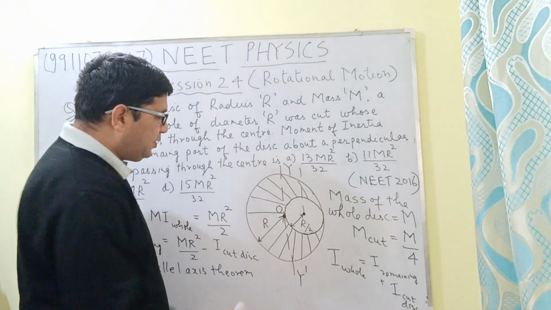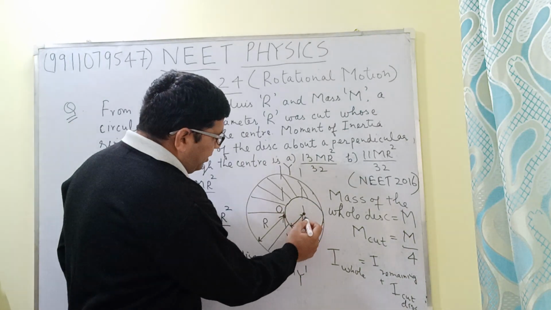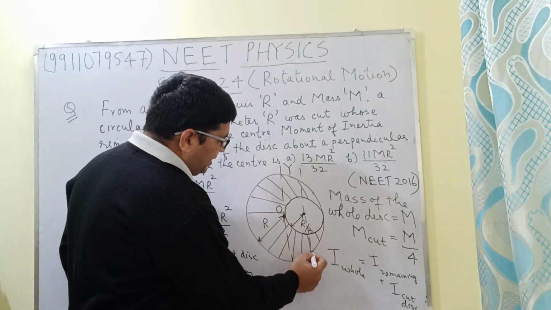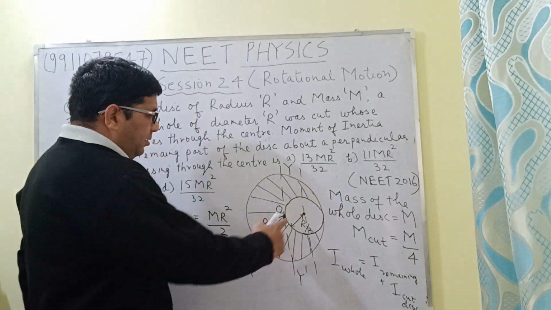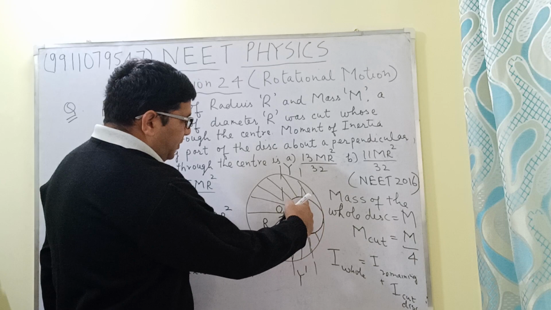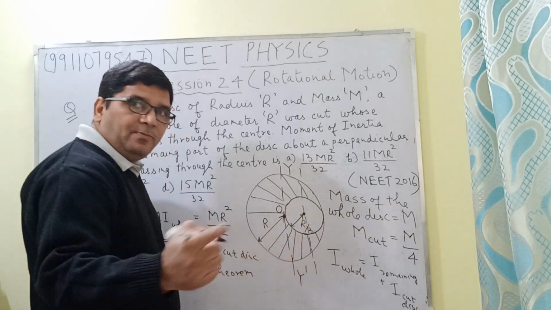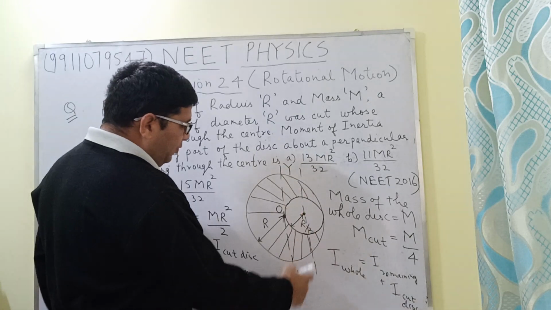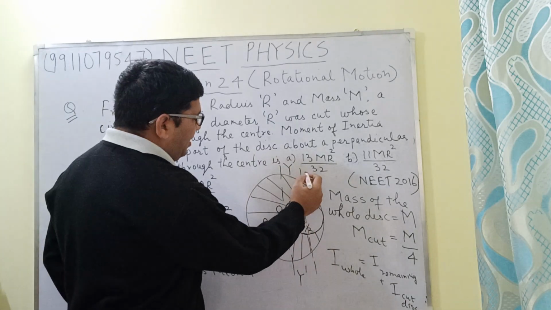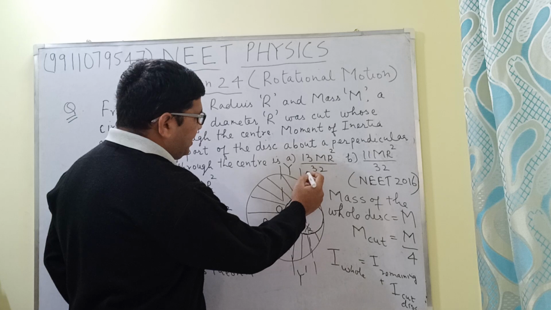So if the mass is uniformly distributed, then the center of mass will be the center of this disk. The axis which is passing through the center of mass, I am just denoting it, let us say, by A dash.